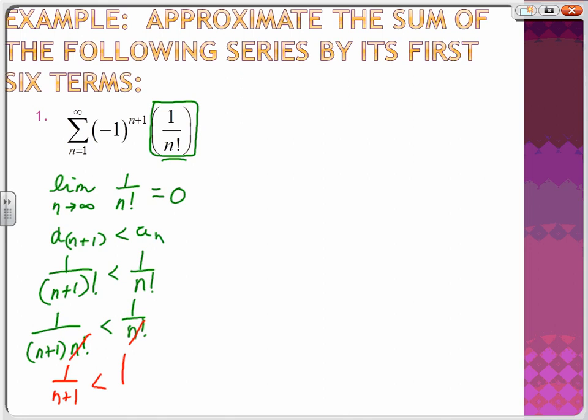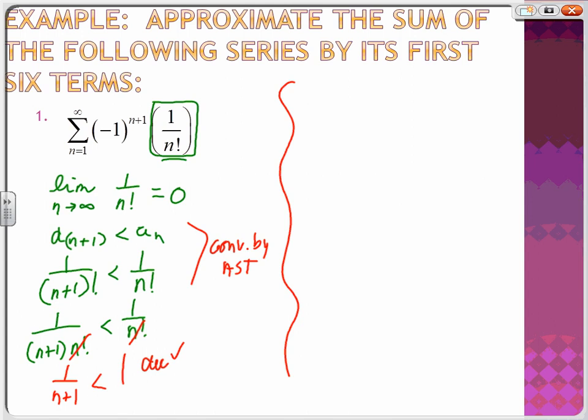Yes. So you are decreasing. Alright, so now that we know this converges by the alternating series test, we can go and approximate the whole summation and see how good we've got that approximately.